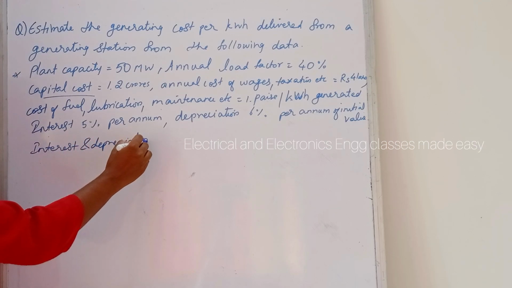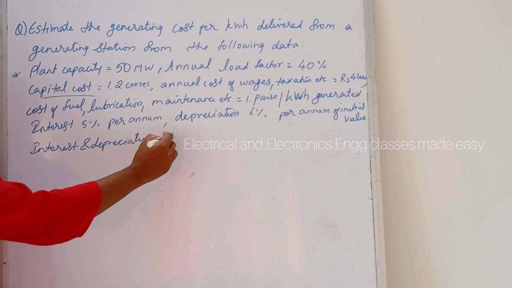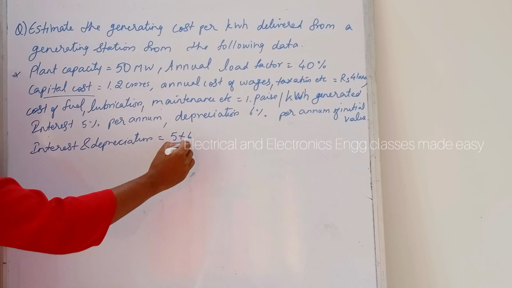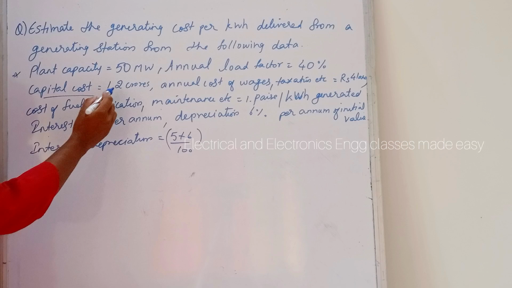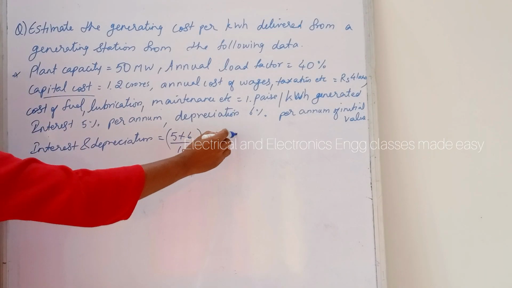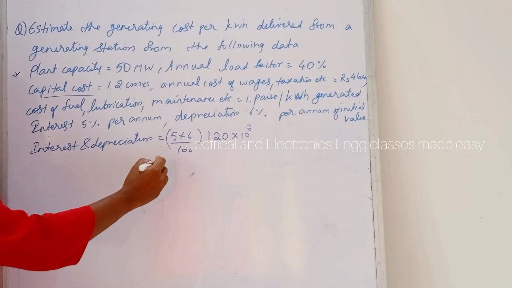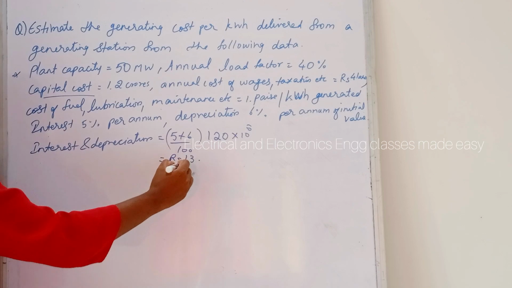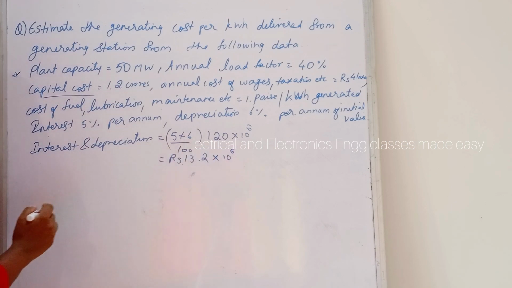Interest plus depreciation is 5% and 6%. So we can write 5 plus 6 divided by 100 of its initial value, that is 1.2 crores, that is 120 into 10 raised to 5, and that is equal to rupees 13.2 into 10 raised to 5.